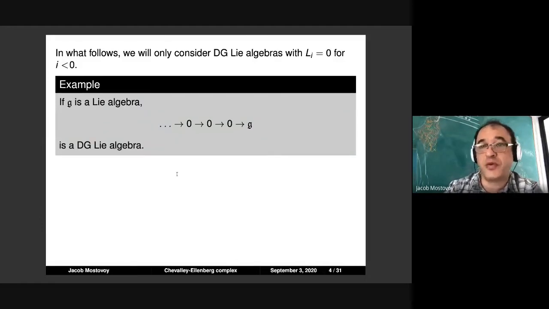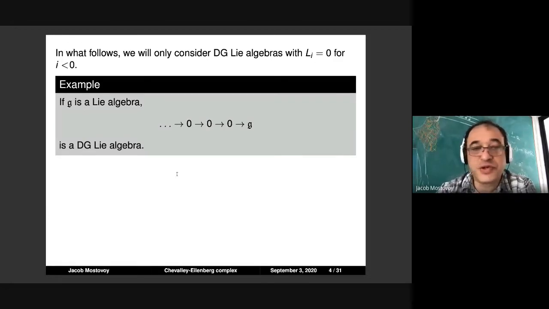Some people prefer homological grading, which means the differential going down, and some people prefer the cohomological grading with the differential going up. I consider the differential going down. I learned about DG Lie algebras in the paper of Quillen on rational homotopy theory, so this is why I use homological grading, basically.